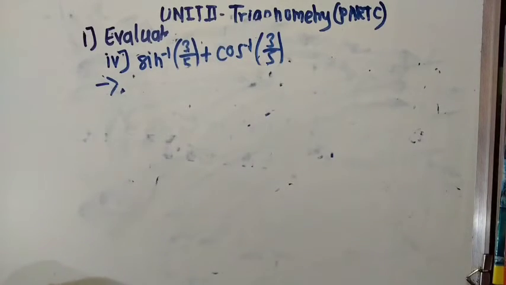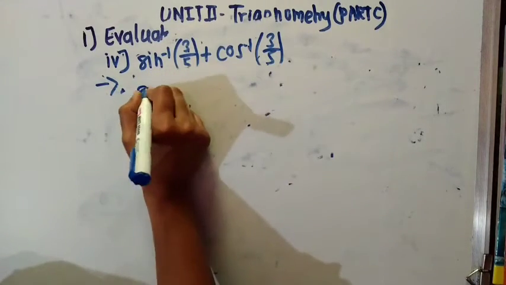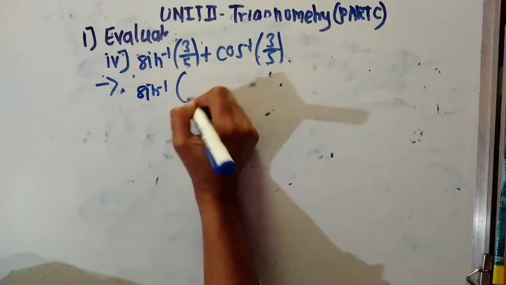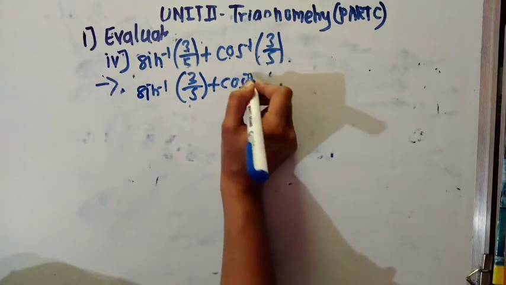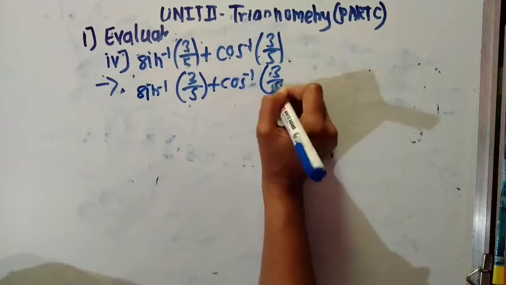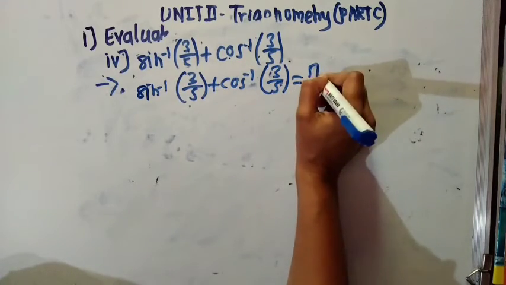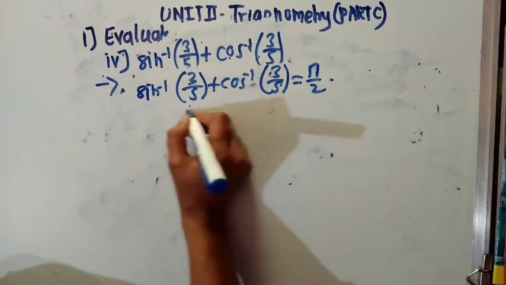Hence sin inverse of 3 upon 5 plus cos inverse of 3 upon 5 is equal to pi upon 2, which is the answer.